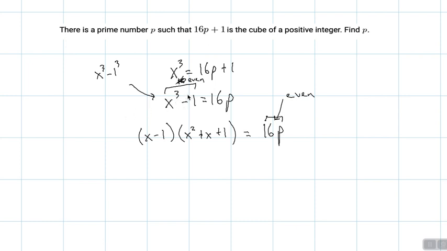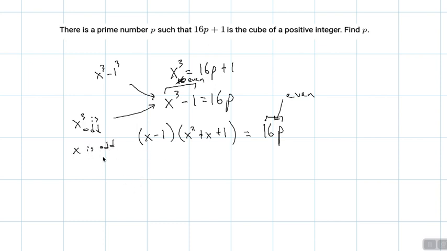And if this is even, then it has to be true that x to the third is odd. And if x to the third is odd, x can't be even and have x to the third be odd, so x must be odd.